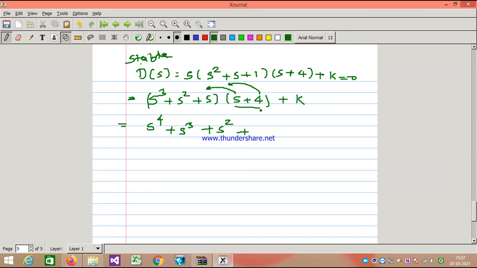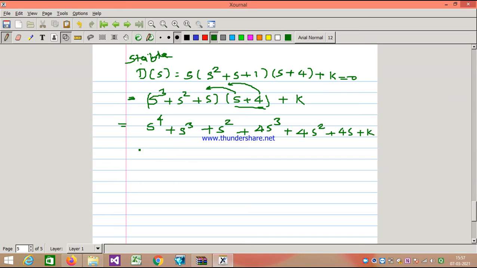Multiplying with 4 gives 4 s cube plus 4 s square plus 4s plus k, right?